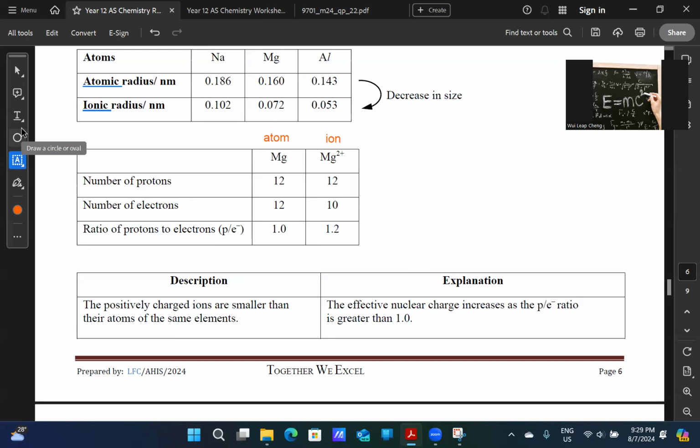If you want to compare between the atom and ion from the same element, you can find the ratio of proton to electron. For the positively charged ions, you definitely will always get the ratio bigger than 1.0 because the nuclear charge increases as the atom loses electron to form the positively charged ion. Remember that.